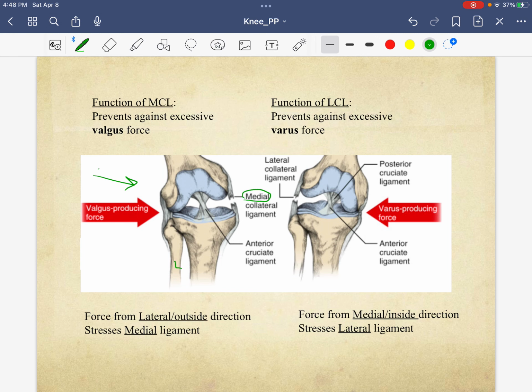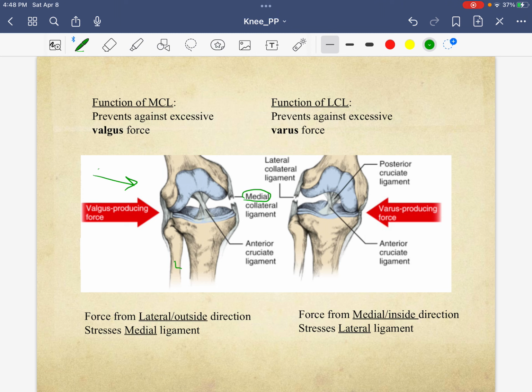So, for that reason, we say the function of the MCL, medial collateral ligament, is to prevent against excessive valgus and rotational forces. When there's a side to side, so you see the cruciates that form the X in the center of the joint, they're more responsible for preventing excessive anterior or posterior movement of the femur on the tibia.